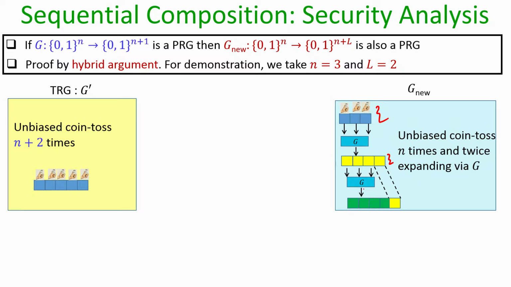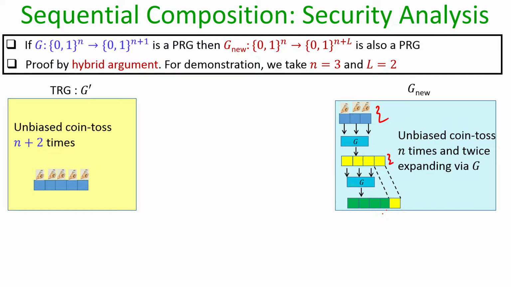So, the second invocation of G is now on a pseudo random string of length 3 bits, and it produces an output of length 4 bits, which is concatenated with the bit that was generated by the previous invocation of G, and that is how you obtain a pseudo random string of length 5 bits.